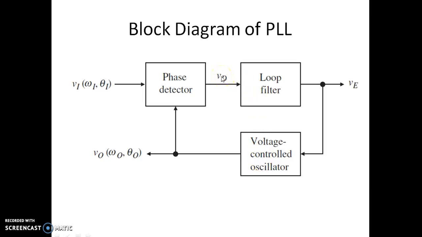If there is a positive variation, an error voltage is generated so as to make this omega naught close to omega i, so that this becomes 0. This will keep on going in the loop. So this mechanism is very important. The signal which is applied to the VCO, that is the voltage controlled oscillator, will change the reference signal frequency to match it with the incoming frequency.